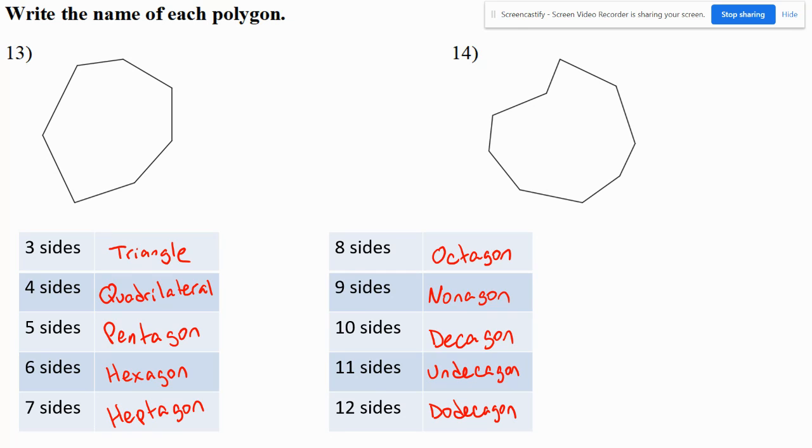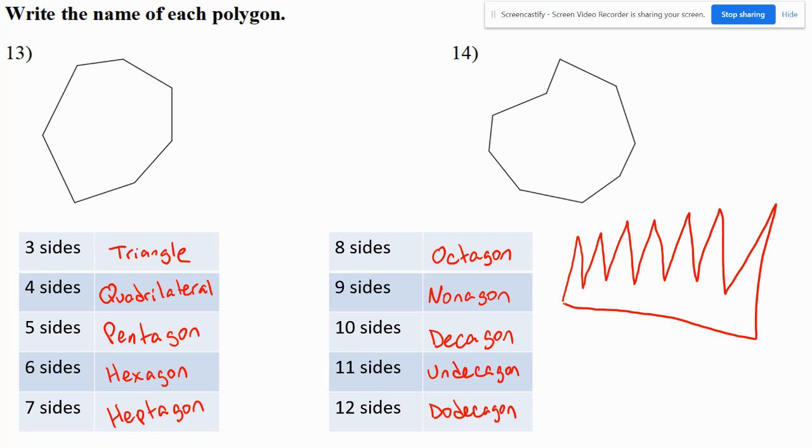A polygon can have more than 12 sides. It could have many. As a matter of fact, let me think of one. I could draw a polygon, say I have 1, 2, 3, 4, 5, 6, 7, 8, 9, 10, 11, 12, 13, 14, 15. So see, I can come up with a polygon that in this case has 15 sides. So it has more than 12.